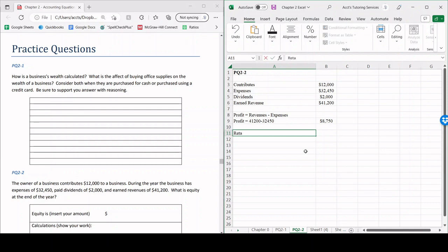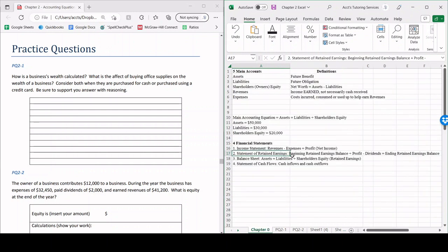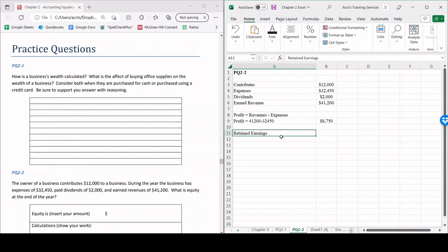Next, we're going to apply the statement of retained earnings formula. So remember, that is beginning retained earnings balance plus profit minus dividends gives us ending retained earnings balance. Retained earnings equals the beginning balance, which in this case is not given to us, so we're just going to assume it's 0. So we don't have to be given every part of the formula. This is why you have to learn the material rather than memorizing it, right?